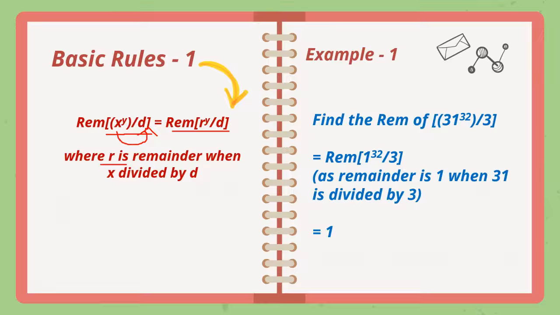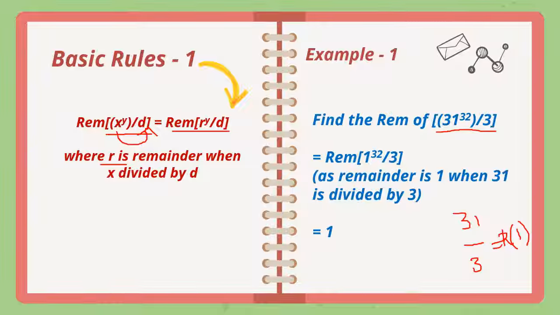Let's take one example. Here we have 31 to the power 32 divided by 3. What should be the remainder? As per the rule, I divide 31 by 3 first to find the remainder. The remainder is 1, because 30 is a multiple of 3.